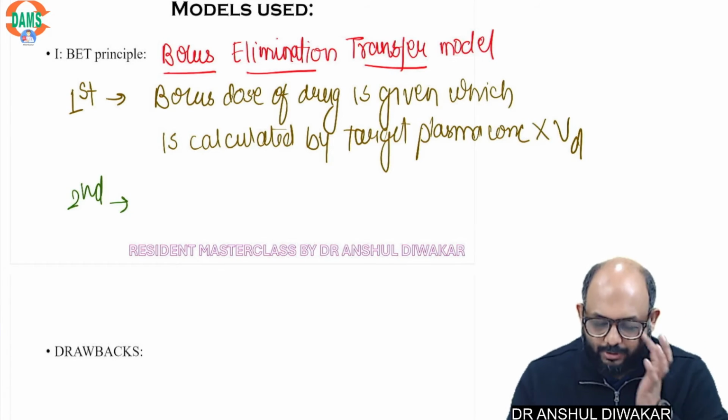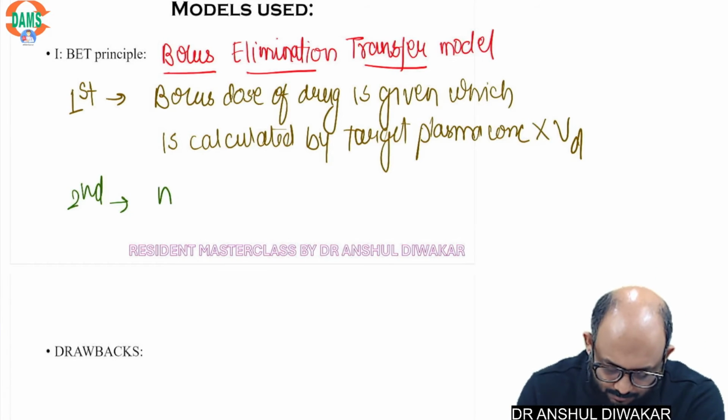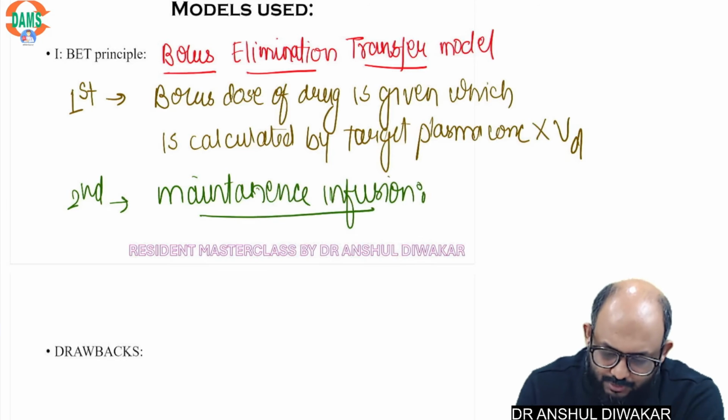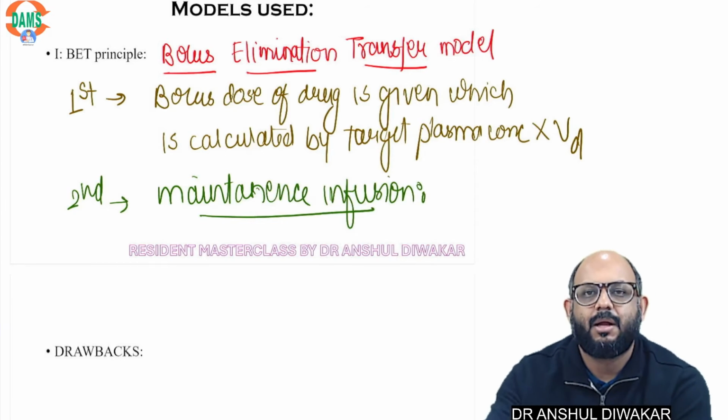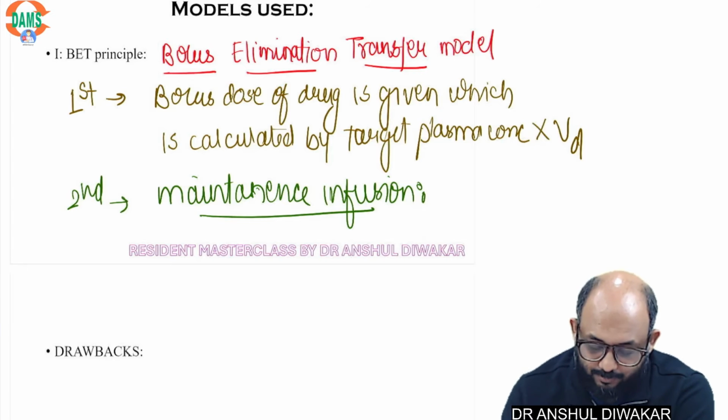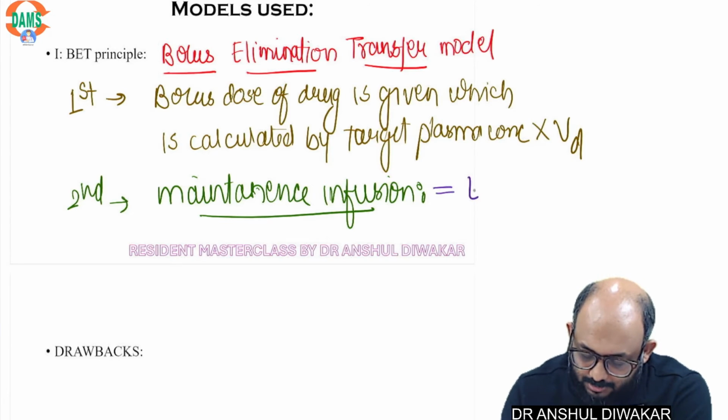Then second, you calculate the maintenance infusion, which would again be very simple. It would be the elimination rate. Maintenance infusion would be equal to the elimination rate.